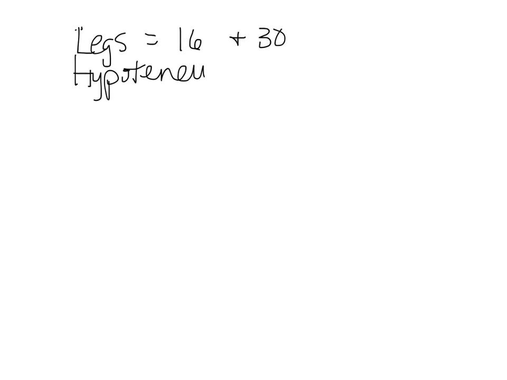Let's take a look at another example. Let's say that we know the legs equal 16 and 30. What is the hypotenuse? To do this, we say 16 squared plus 30 squared is equal to c squared.